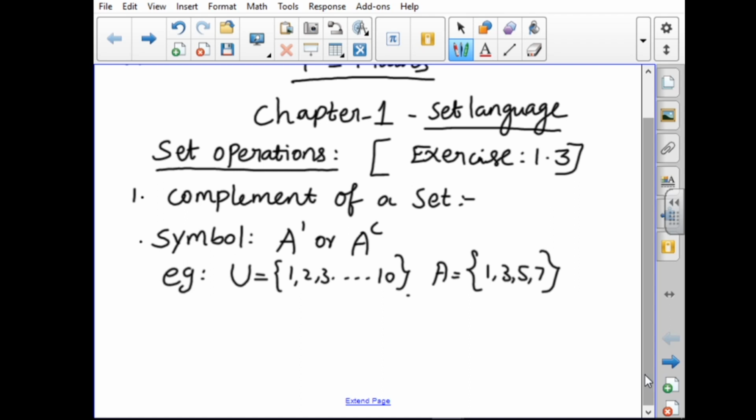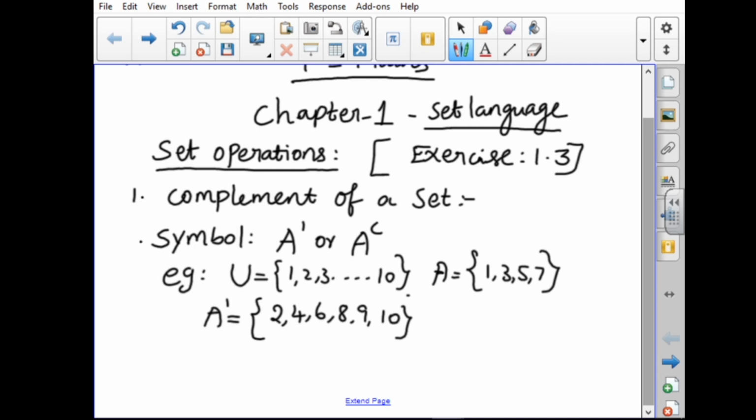So A complement or A dash, you should compare with the set U. The universal set, except A elements, are called A dash or A complement. So what are the remaining elements? 2, 4, 6, 8, 9, 10. These are the complement elements.